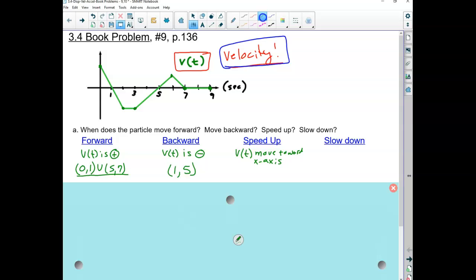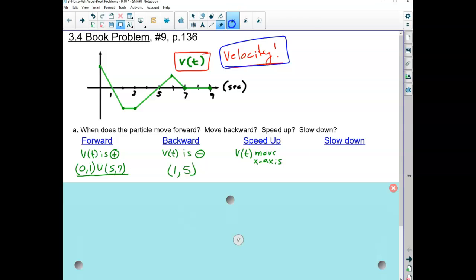So I can see up here, I'm moving toward the x-axis, because remember, we have to read it left to right. So it is speeding up. Oh, hold on. Back up the train here. Let's get rid of this. Let's get the right thing in here.